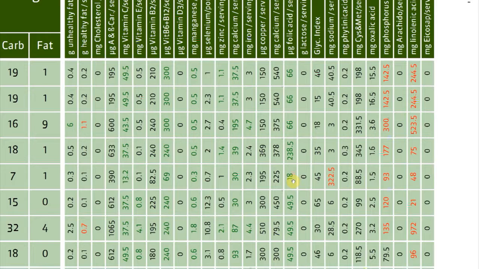So this type of food contains a lot of sodium, more than others, that's why it's red. So the ones that contain most are red, if it's bad, and the ones that contain most of something good are green. So any green number means this is particularly rich in folic acid, and this is particularly rich in sodium. It might help you to get a little insight into why something might be less healthy or more healthy for you.